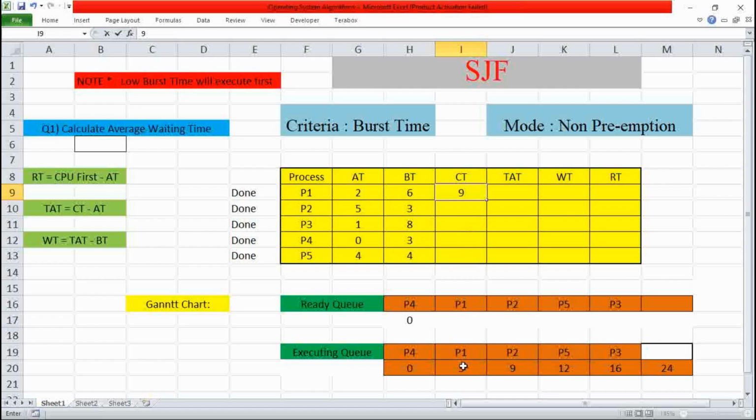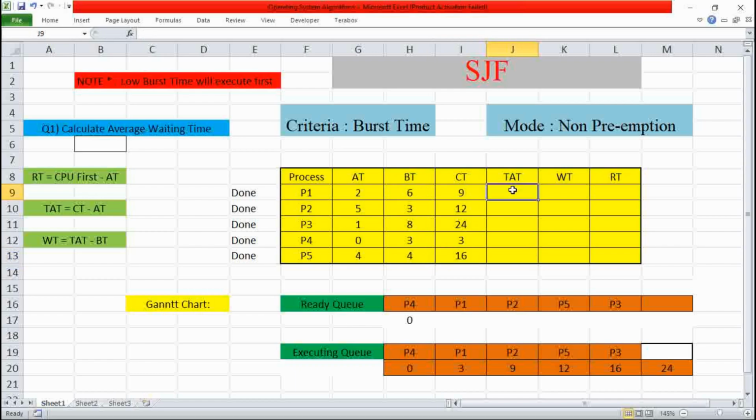And you might have a doubt, why not 3 here? Because at 3 P1 starts executing on the CPU, and it completes at 9, because 3 plus 6 is equal to 9. That's why. And for P2 it's 12, for P3 it's 24, for P4 it's 3, and for P5 it's 16.